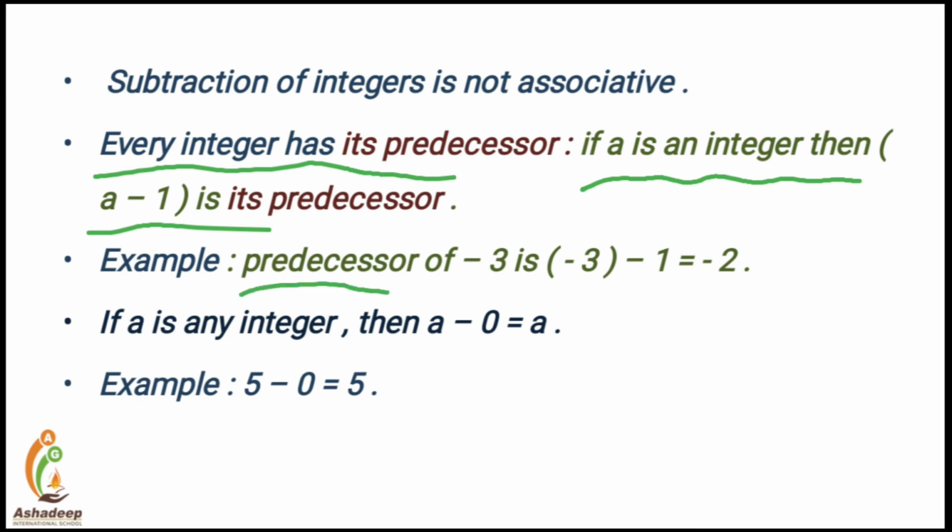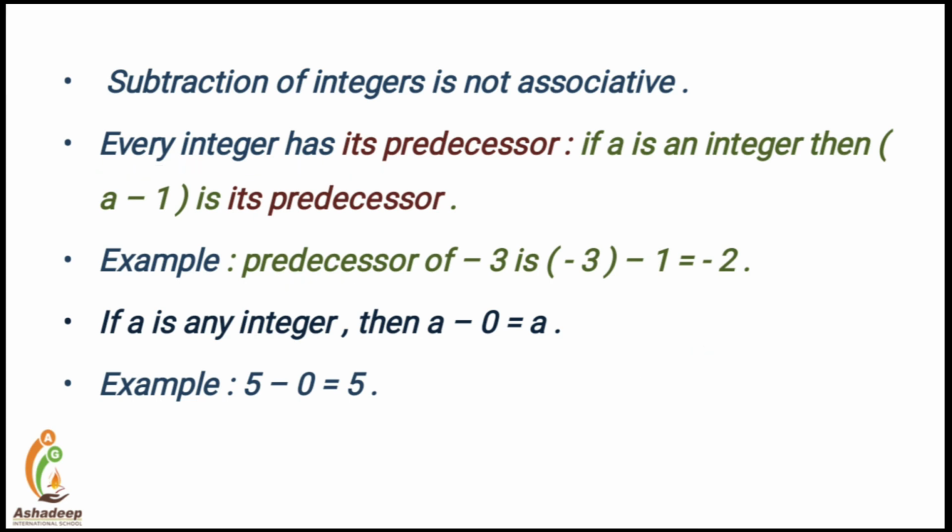So predecessor of minus 3 is minus 3 minus 1 becomes minus 2. Clear? So what will be the successor? For getting successor, we have to add 1. Remember na? Okay. So this is how you can get the predecessor of any integer, either positive or negative.